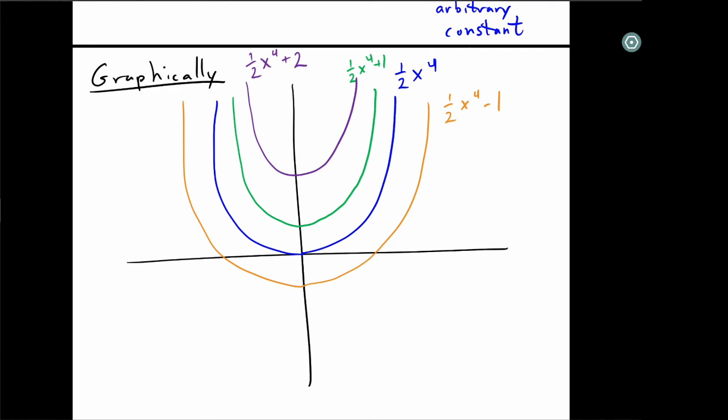So at the various x values, the slopes of these functions are exactly the same. It doesn't matter how high up you translate it or how low down you translate it.